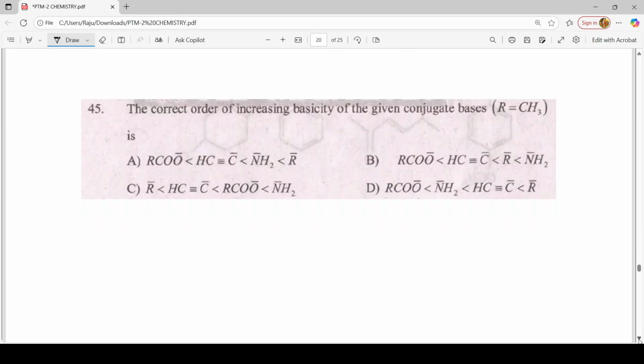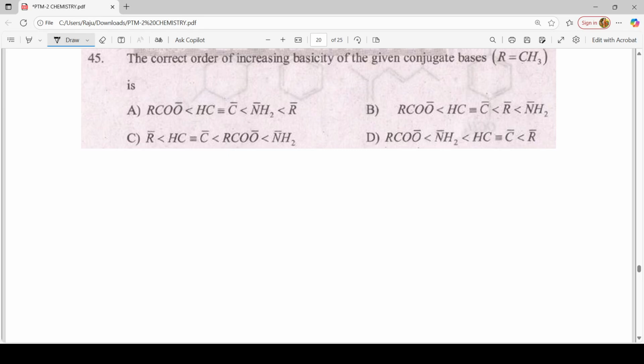Next, 45 question. Students, we studied in the ionic equilibrium chapter. If the acid is strong, its conjugate base is weak.